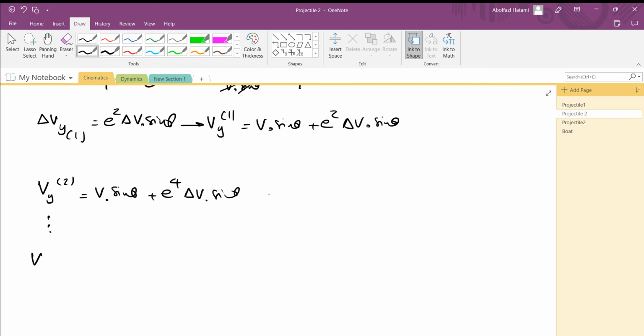If we do the same for the nth, after the nth collision, we found the change in the nth collision, which is going to be e to the power 2n delta v0 sine of theta.